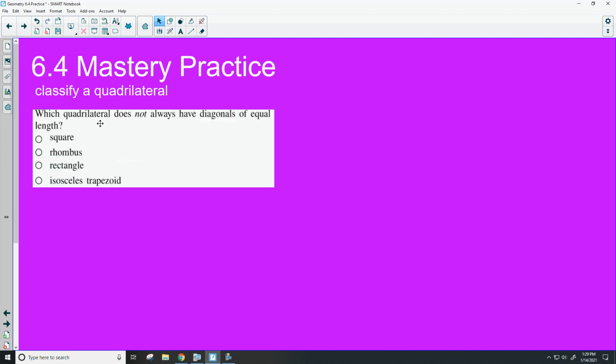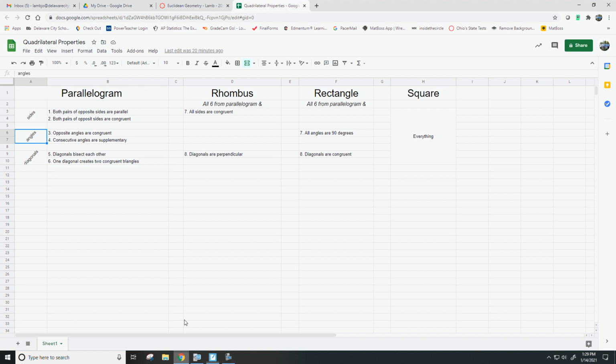Next one says, which quadrilateral does not, and make sure you notice that word, does not always have diagonals of equal length. So equal diagonals, if I look back, equal diagonals is a rectangle or square, because square is everything.